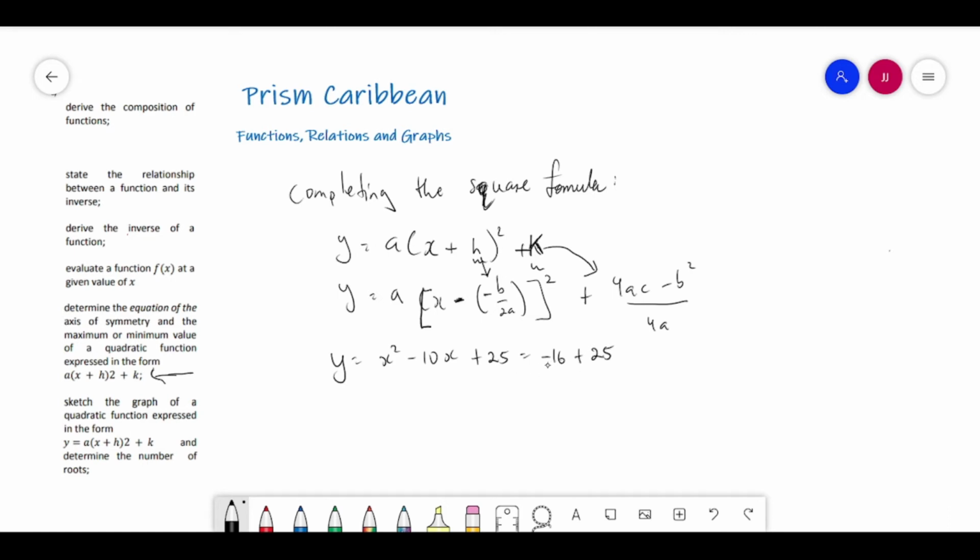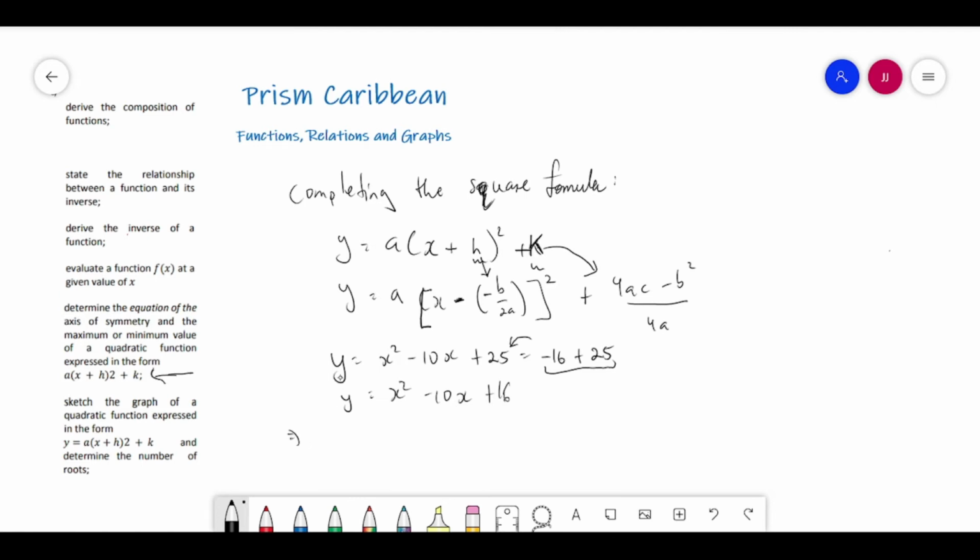Of course, we know right off the bat you can solve for this, right? But I just wanted to bring a little variation because this topic is quite simple. So we have y is equal to x squared minus 10x. So we know minus 16 plus 25 is 9. And we bring that across here. So it'll just be minus 9 plus 25, which will just be positive 16.